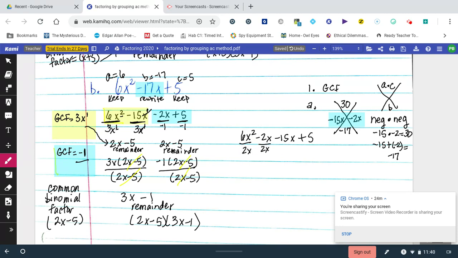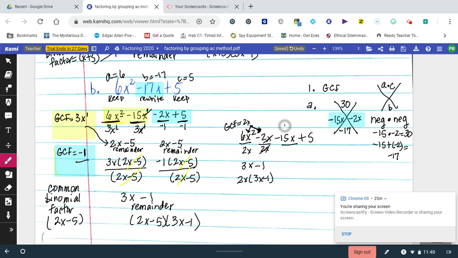So the GCF would have been 2x for these two. All right, so you would have ended up with 3x, and all of this would have canceled, so you just would have put minus 1.